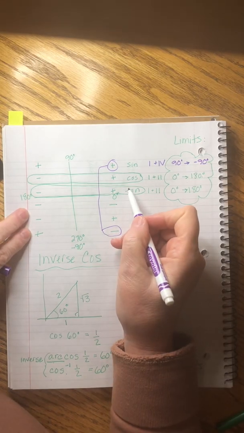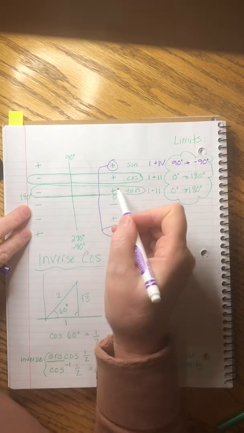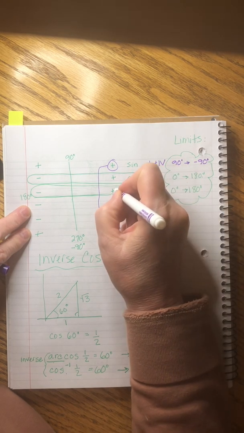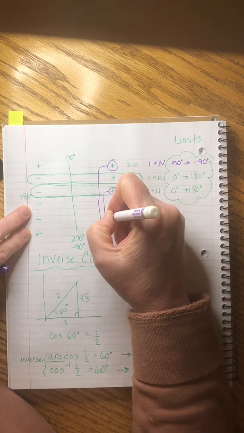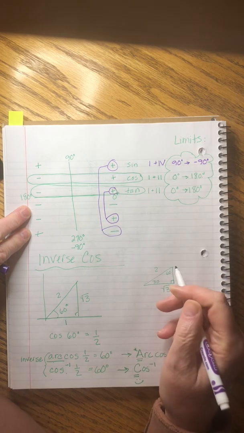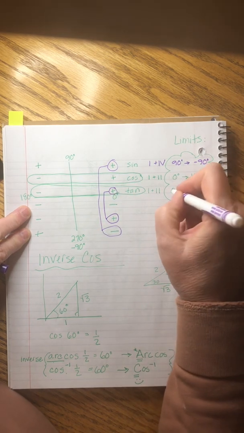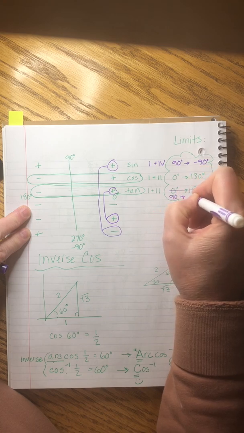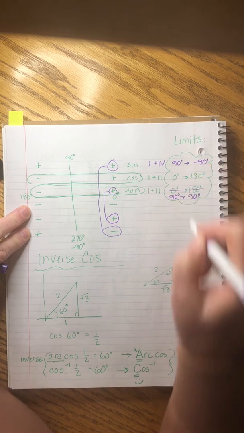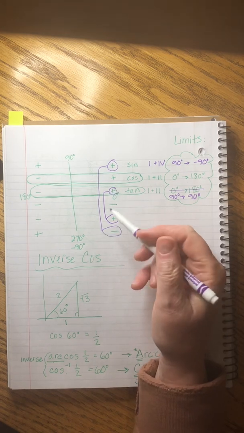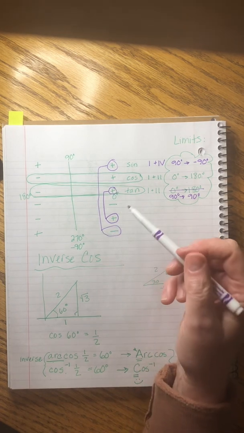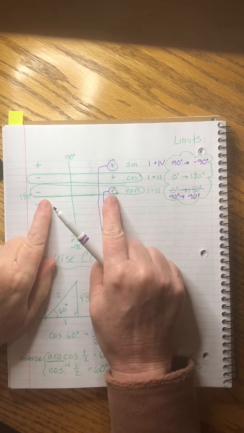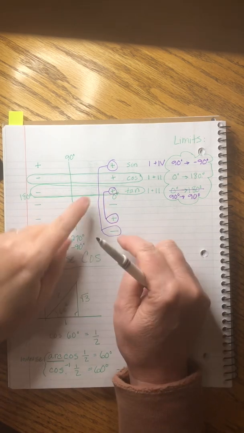I said that we wanted to look at tangent between first and second, but now John is using first and fourth for tangent as well. So he's saying use these limits for tangent, which makes it like sine. Now, what I have to say about that is either one would make sense, right? As long as we're getting a limit that includes the positive and negative values of tangent.